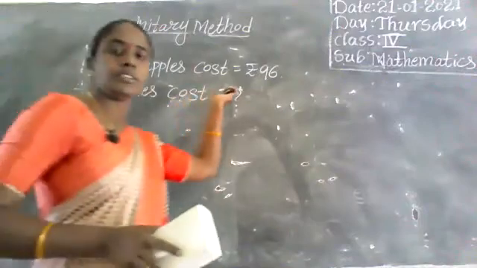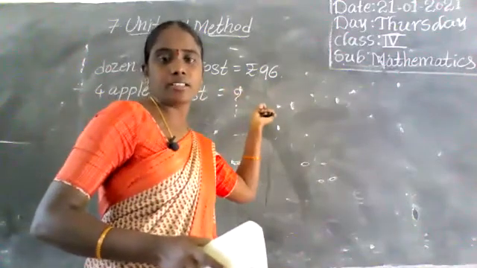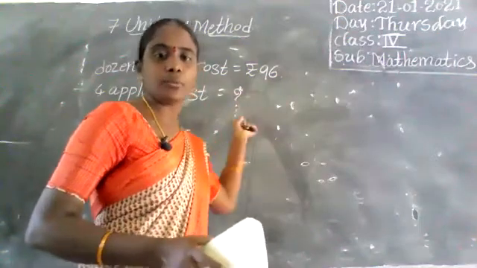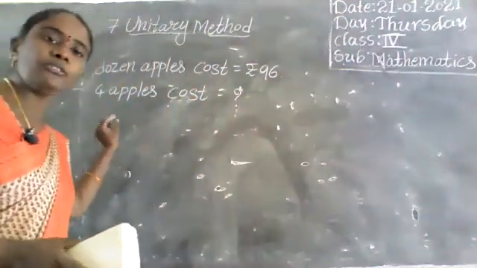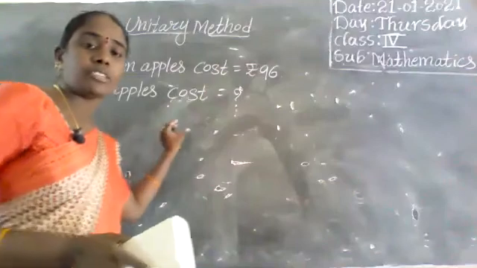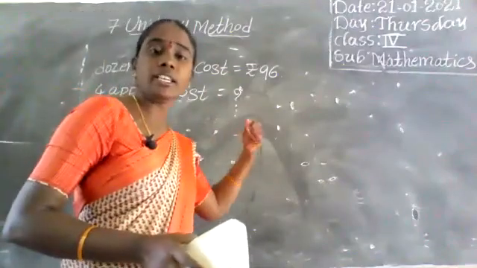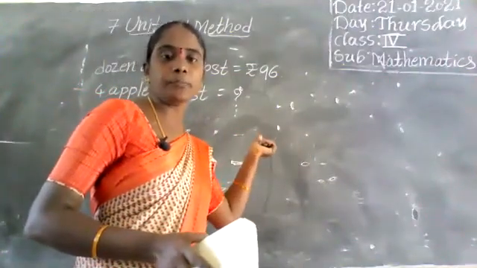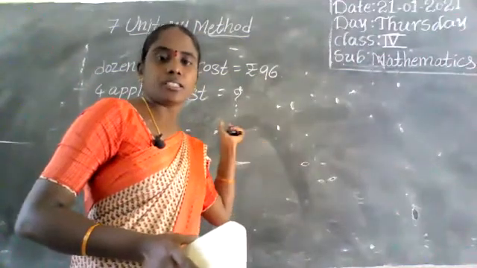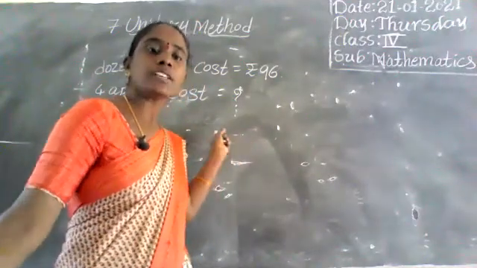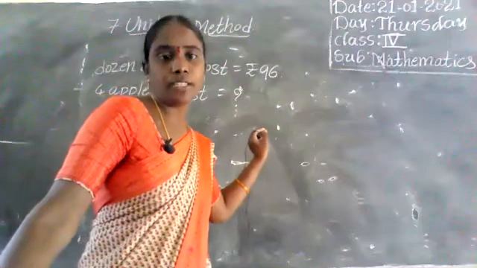The fruit seller said a dozen apples cost 96 rupees, but you want to buy only 4 apples. How much do 4 apples cost? How can we give money to the seller? First we have to find out the cost of one.